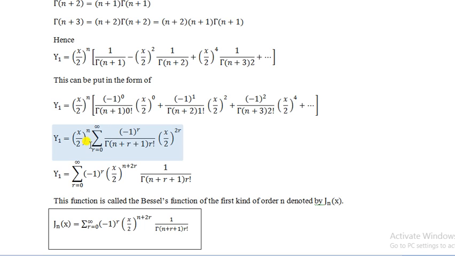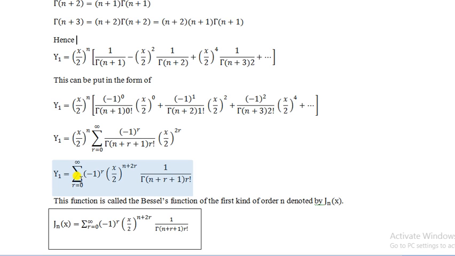Now again multiply (x/2)^2r into (x/2)^n. The base is the same, x/2, x/2. Therefore add the powers: n+2r, into (-1)^r, 1 divided by gamma of n+r+1, r factorial.